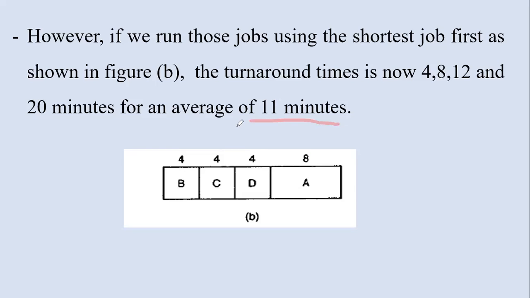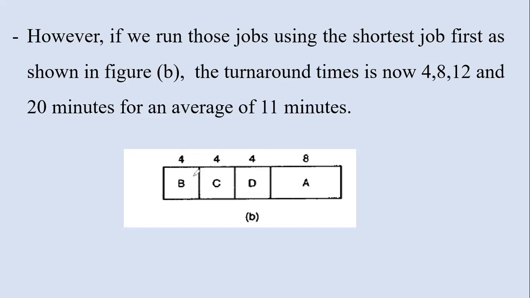In this case, what has been done is that the processes that are shorter have been attended to first, and the processes that are longer have been attended to later. Because we had process B, process C, and process D, all of them having a time of 4, each of them will be attended to as if they are first come, first served.